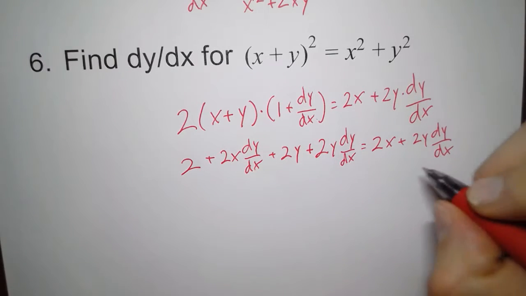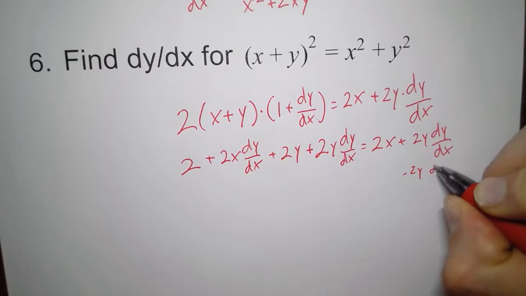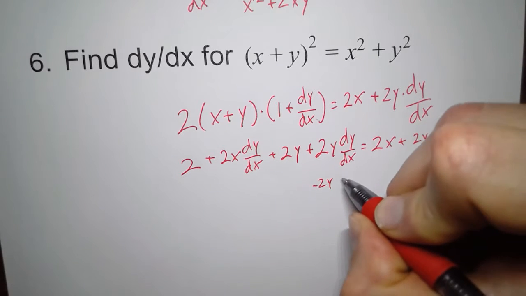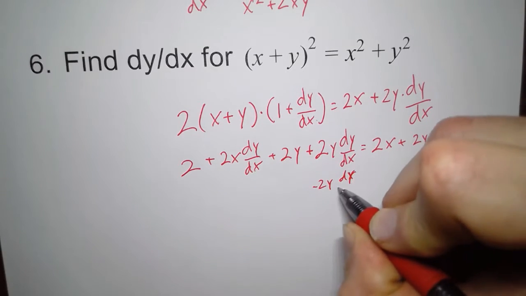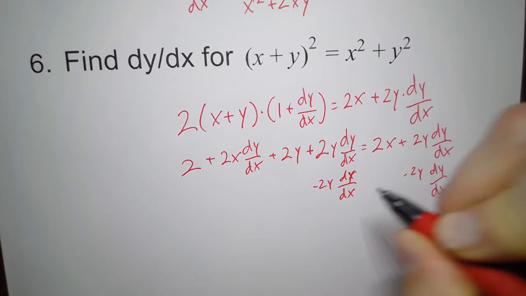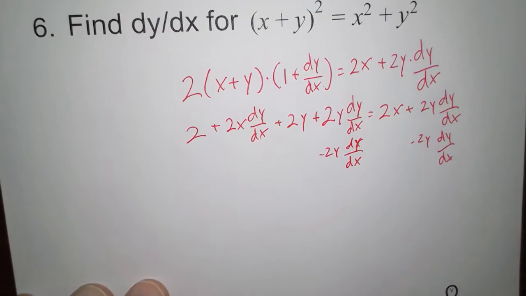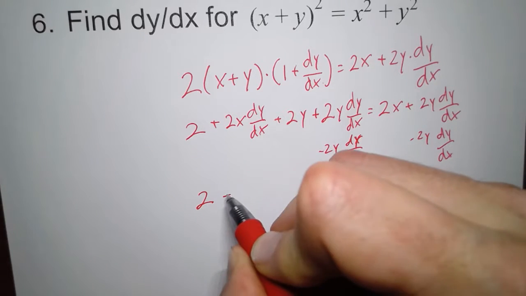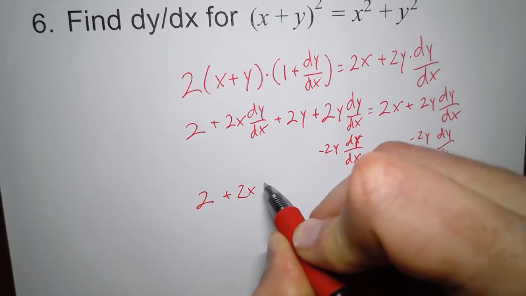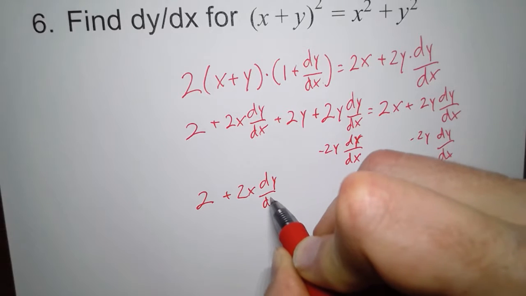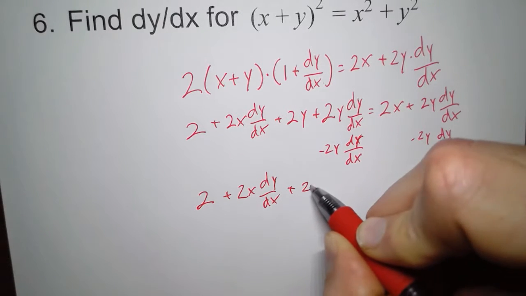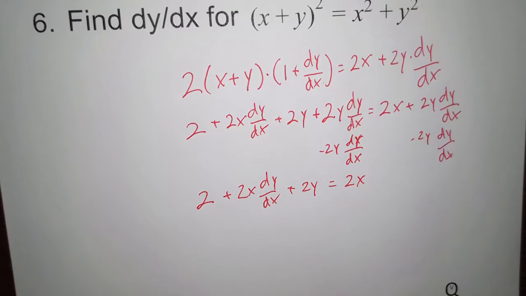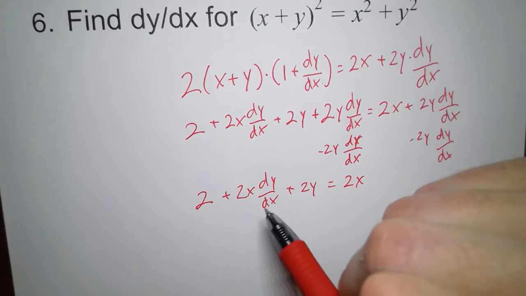So if I subtract 2y dy/dx, it cancels out this term right here. So that actually cleans this up a little bit, because now we're left with 2 plus 2x dy/dx plus 2y equals 2x. So now we're just down to one term that has dy/dx.